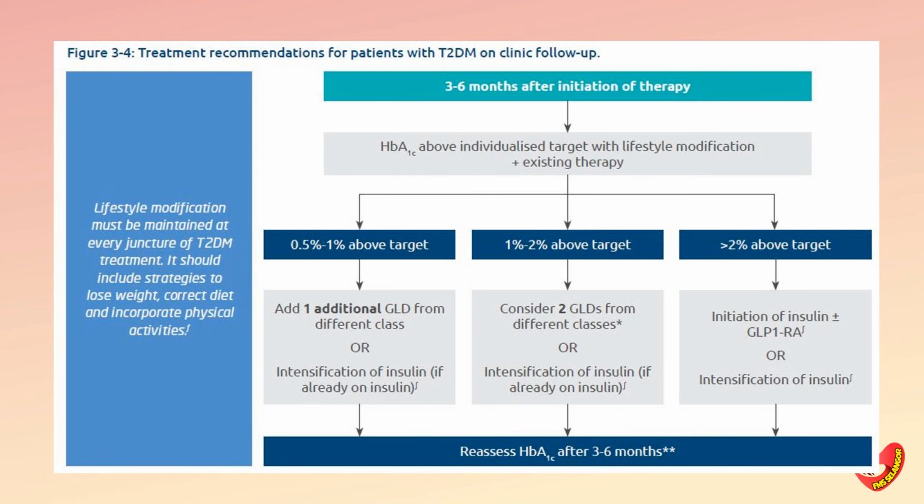If HbA1c is 1 to 2% above the target, consider 2 glucose-lowering drugs from different classes, and if it is more than 2% above the target, you should initiate insulin and/or add a GLP-1 receptor agonist. The intensification of insulin should be done if the patient is already on insulin treatment.